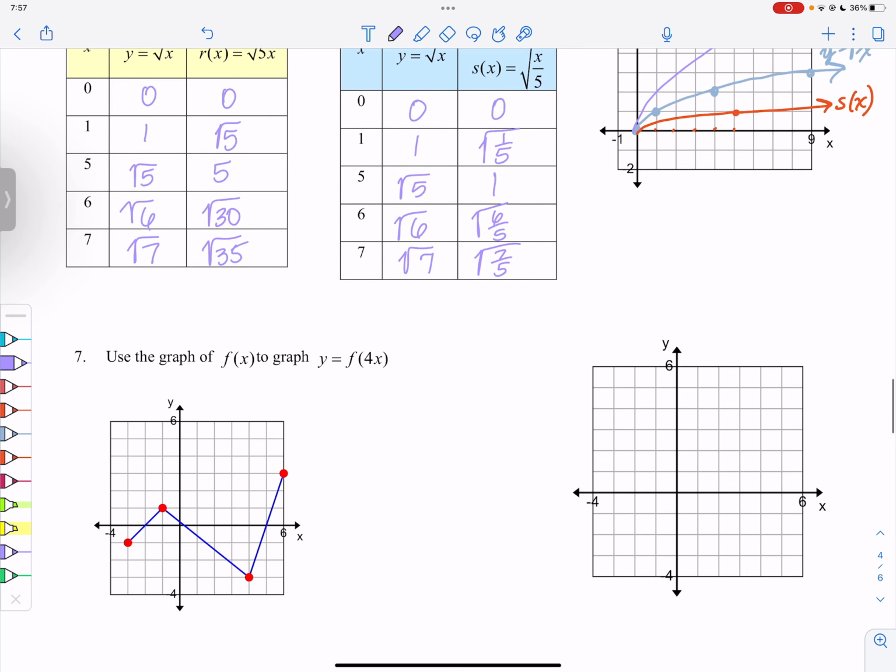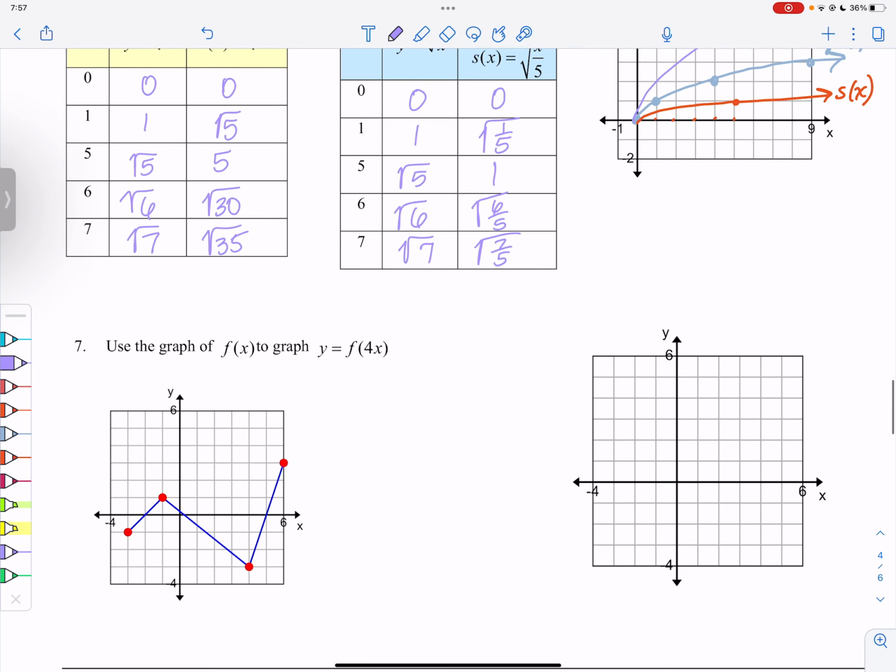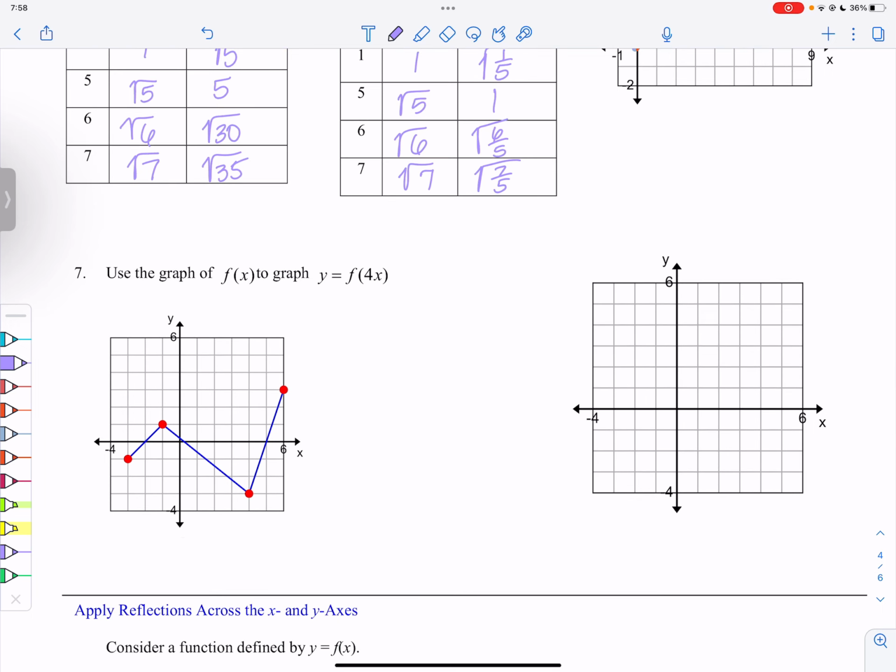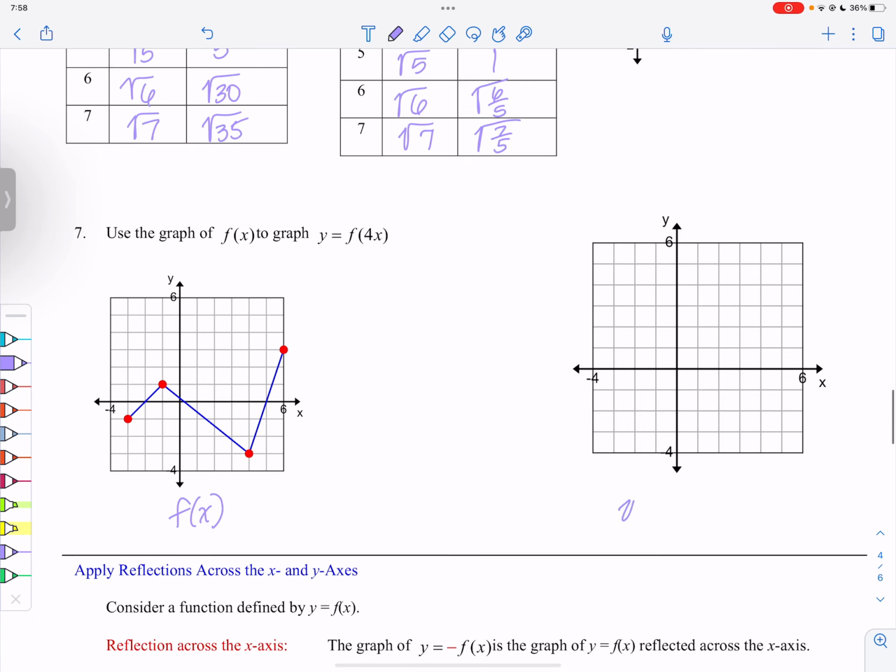Okay, so now we're actually going to shift points. And they're asking us to use this graph of f of x. So this is given as f of x. And they want us to then create y equals f of 4x. So what do you notice first of all?